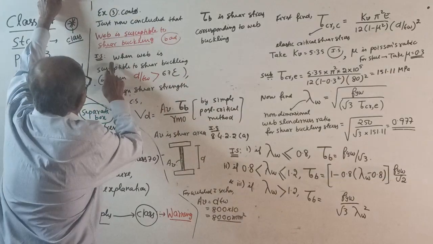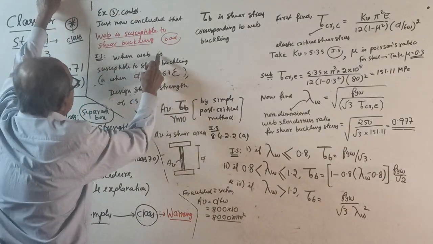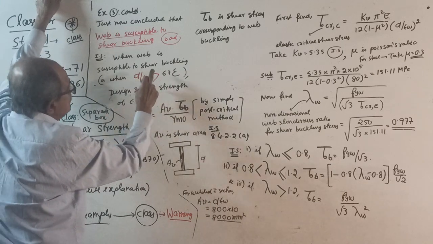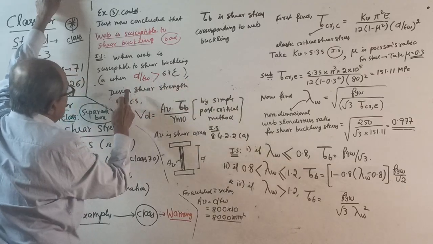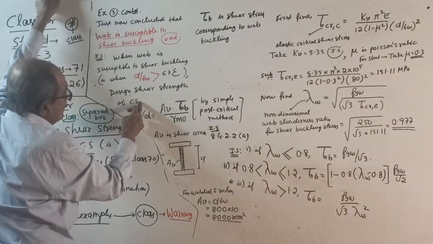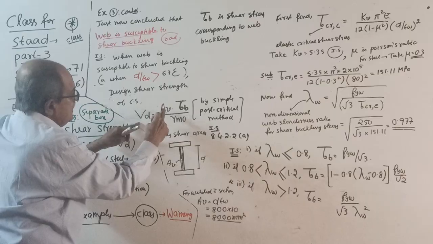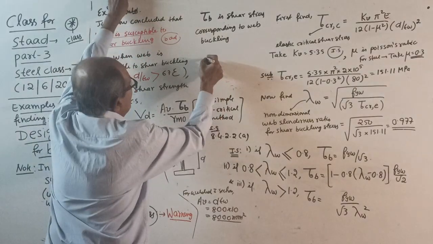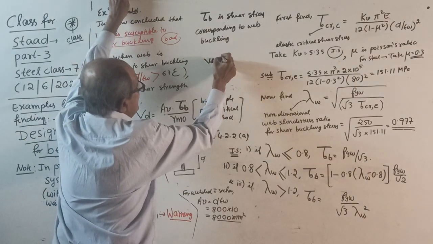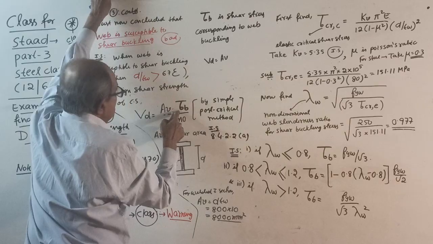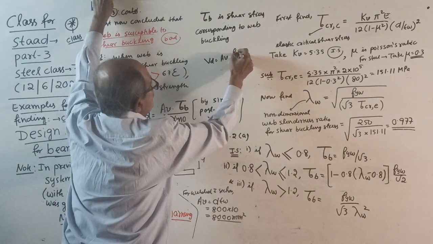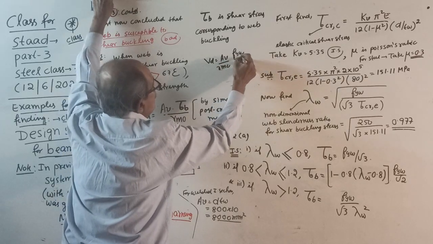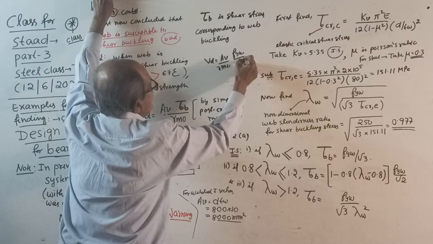So, as per IS code, when the web is susceptible to shear buckling, that is when D by TW is more than 67 epsilon, the design shear strength of the cross section Vd equals Av. Earlier the formula was Av into Fyw by gamma M0 by root 3. You can remember it this way.